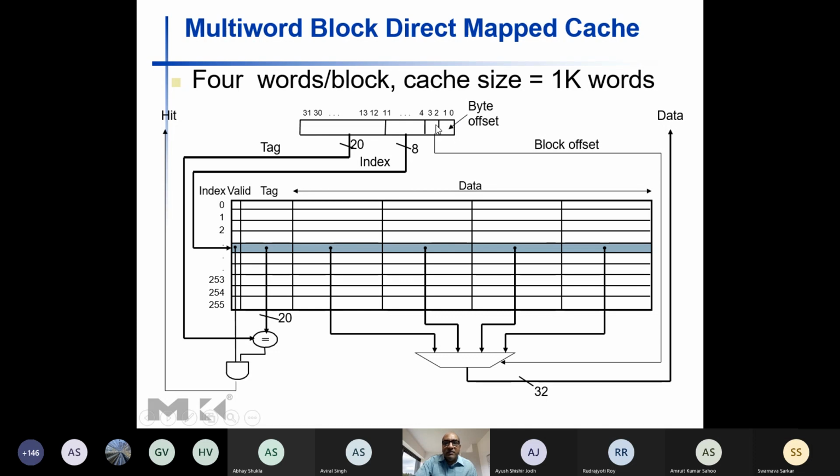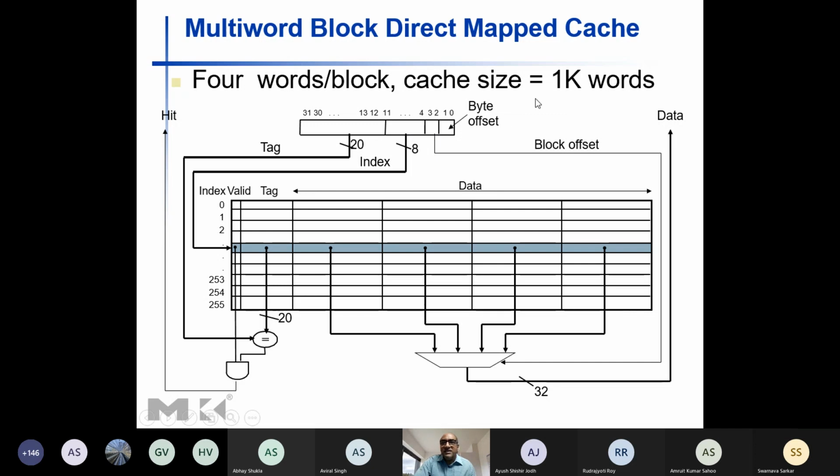It means there are 4 words in a block. Bits 0 and 1 indicate the byte offset within a word, and bits 2 and 3 indicate the word offset within a block, because a block here contains 4 words. Therefore, those 4 words are discriminated by using these 2 bits.